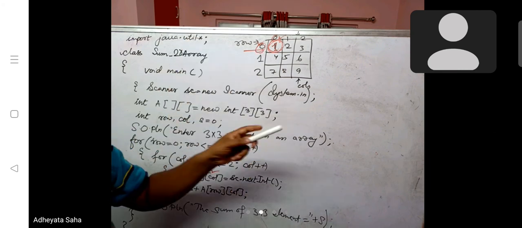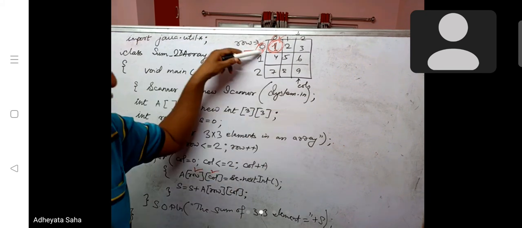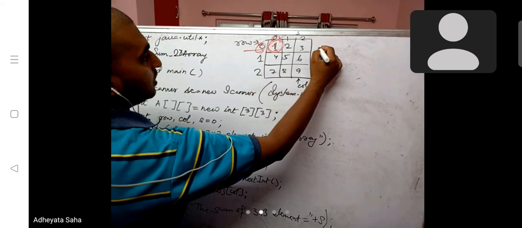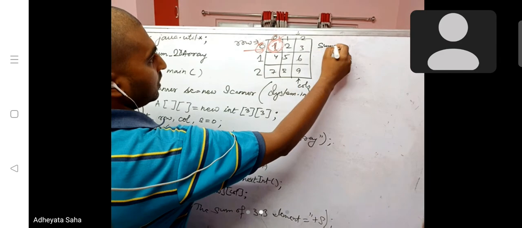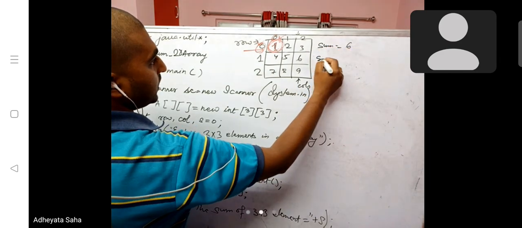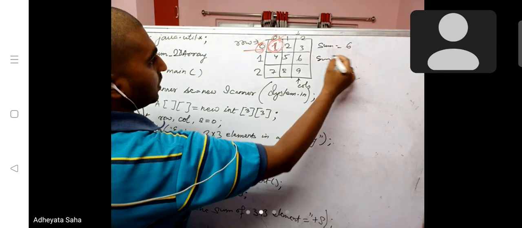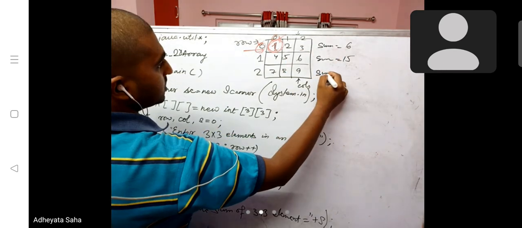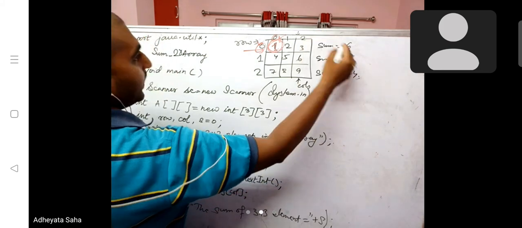Find the sum row wise. That means here the sum will be 6, then 6 plus 5 is 11, plus 4 is 15, then here the sum will be 24. Like this, 3 outputs.